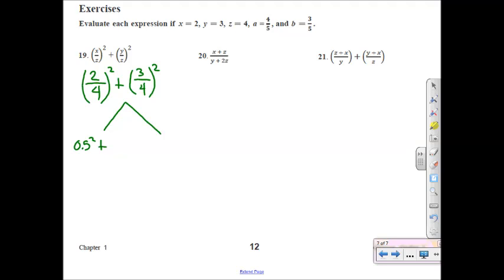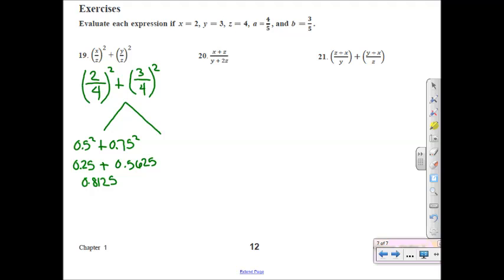And then 3 divided by 4 is 0.75 squared. And then you've done the parentheses, next is exponents, so 0.5 squared is 0.25. And 0.75 squared is 0.5625. And when you add those together, you get 0.8125.